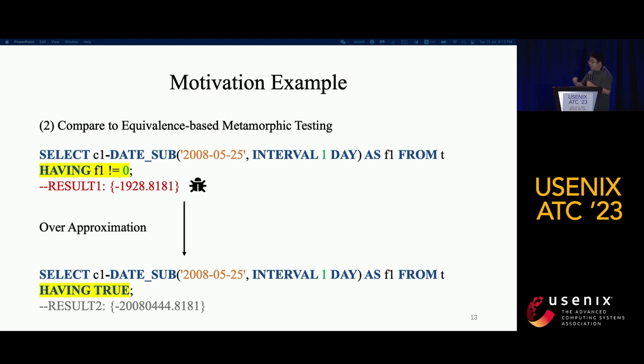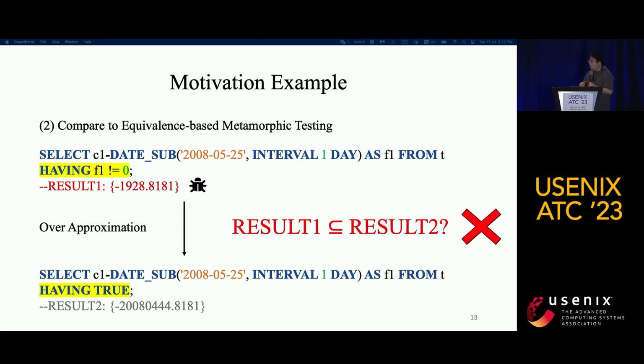So one of the mutations is just to change it to true. In this case, the query result for the second query should subsume the original one. But if the actual result violates such a relation, we know that one of these two queries triggered a logic bug.